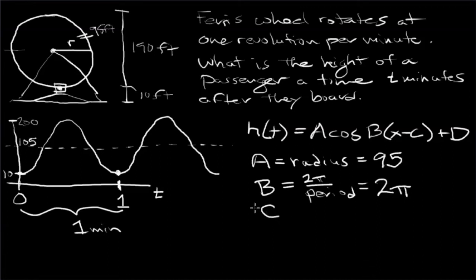Phase shift: well, cosine starts right there if I flip it upside down. So if I flip the graph, it would be 0. If I don't flip the graph, then I'm going to have to shift up to here, and that would be 1/2. So the C value would be 1/2 if it's not flipped.